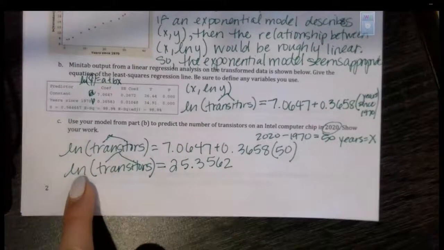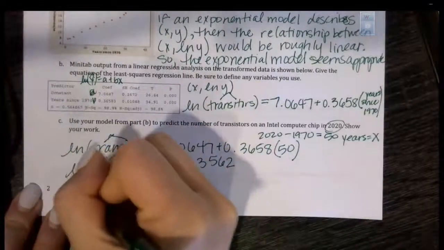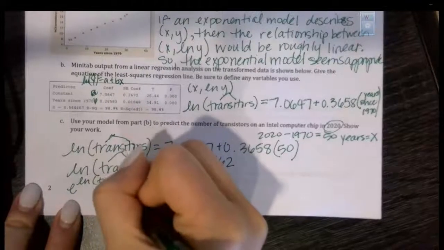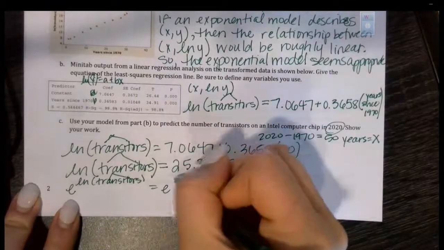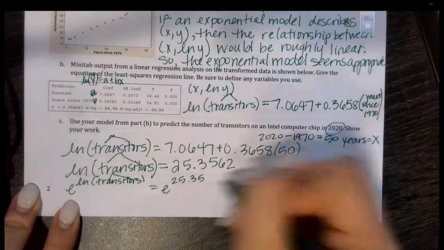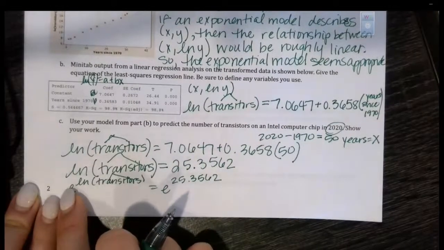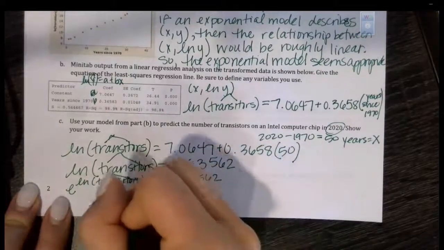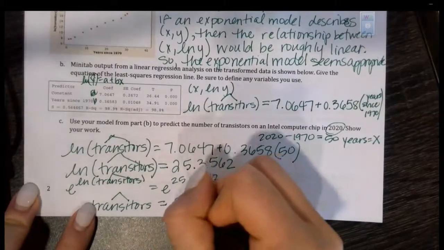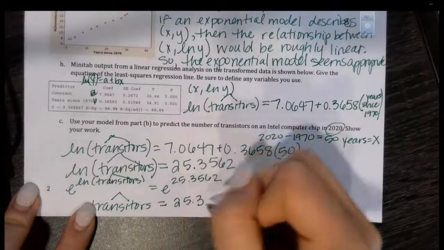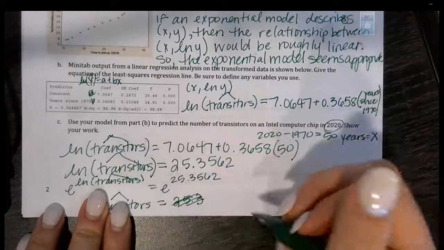So to get rid of a natural log, you have to make e the base of both sides and raise both of these. So we have e to the natural log of the transistors is equal to e to the power of 25.3562. So now e and the natural log here cancel out. And so we get the transistors hat is equal to e to the 25.3562.